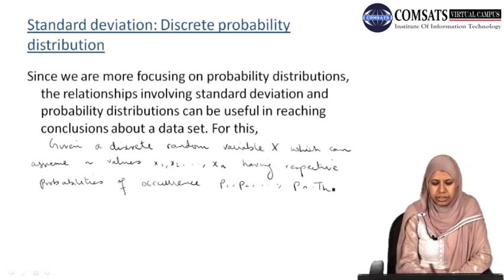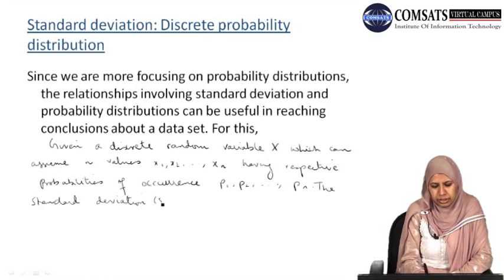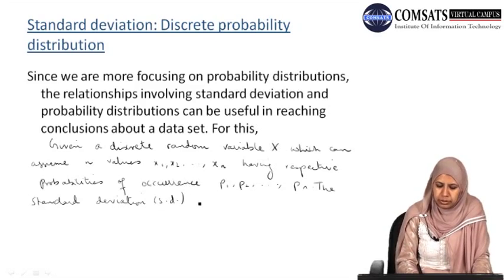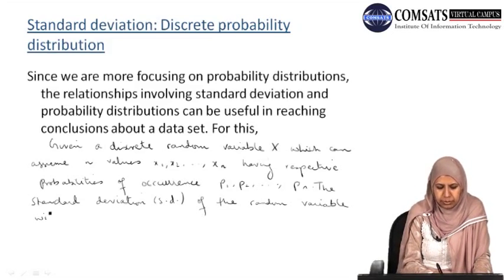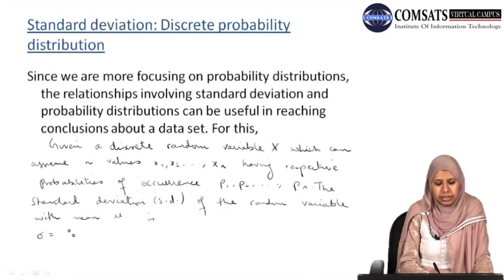Then the standard deviation, also abbreviated as SD, of the random variable with mean mu is defined as, how?